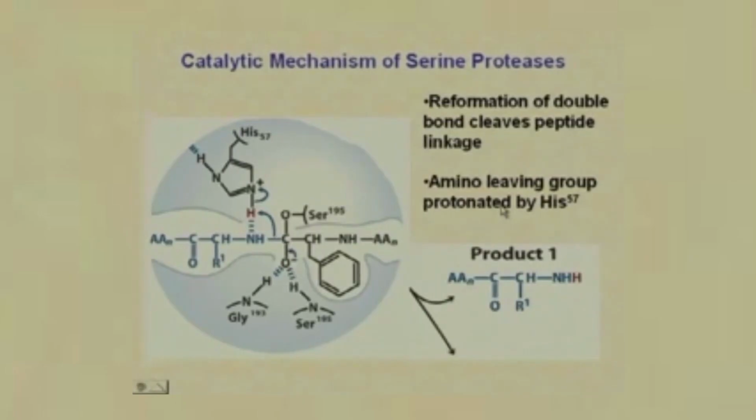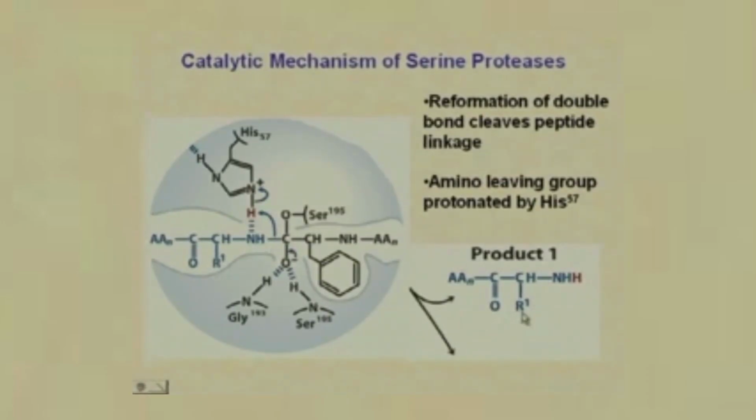It is acting as an acid, because it is protonating this. Initially it acted as a base in taking up the H from, where did it get the H from? From the serine. So it got the H from the serine, and now it is giving the H to the NH part of the polypeptide chain to form the NH2.